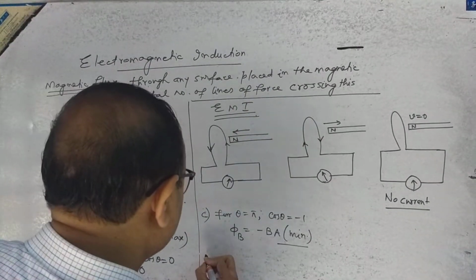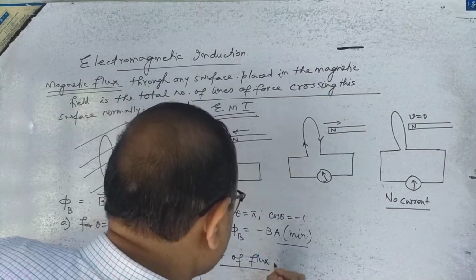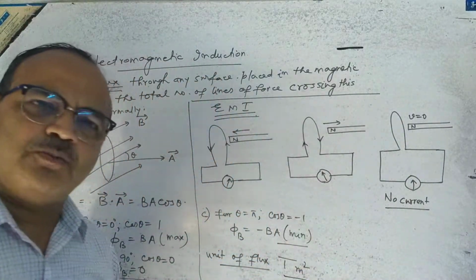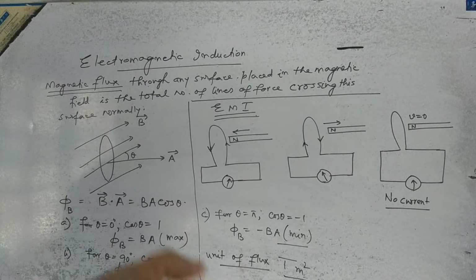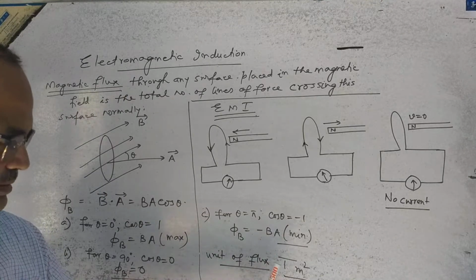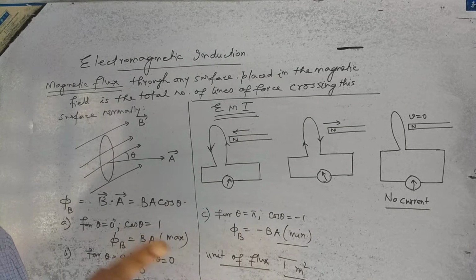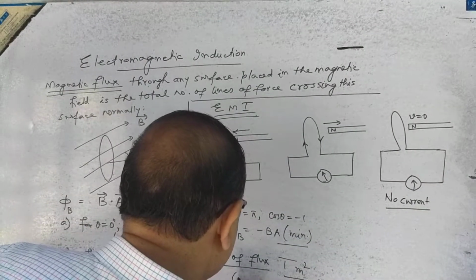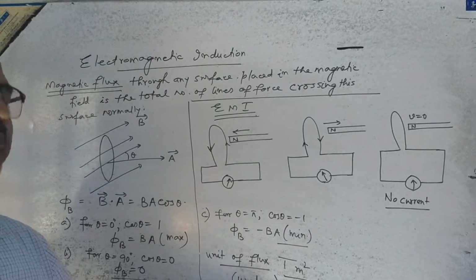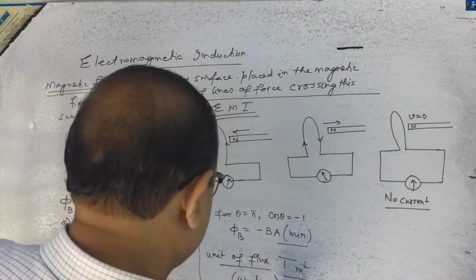If you say unit of magnetic flux, definitely you know it is Tesla meter square. I hope I have told you in the previous chapter the unit for magnetic field intensity in the SI unit, that is Tesla. Tesla into meter square is actually known as Weber, W-E-B-E-R.